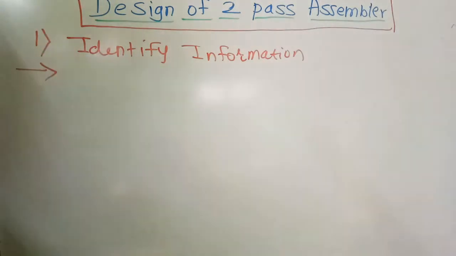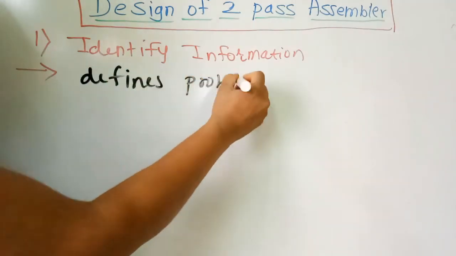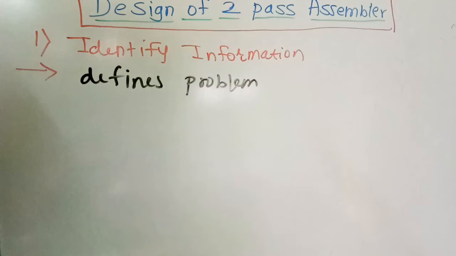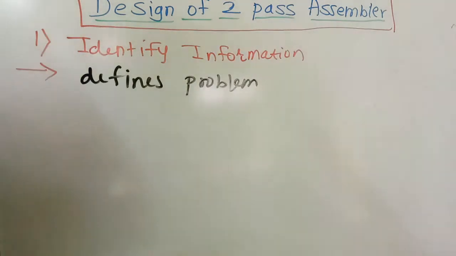Second, it finds the necessary information required before the translation, that is identifying the symbols, literals, constants, etc. It finds the necessary information during the translation, and how is this procedure actually performed?